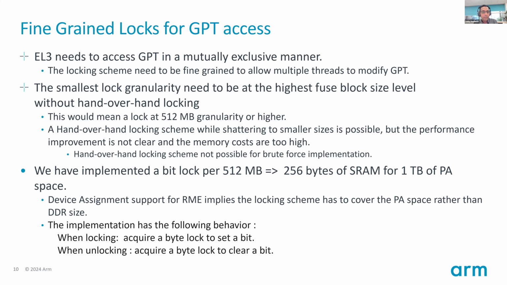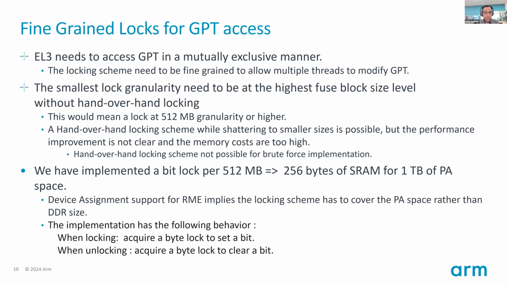But when we have device assignment, we have to cater for the device addresses as well. The granular protection table needs to cover the device IO as well. So potentially, we may have to cover a huge PA space at EL3, and implement this lock for a huge PA space, potentially up to 48 bits of PA space.